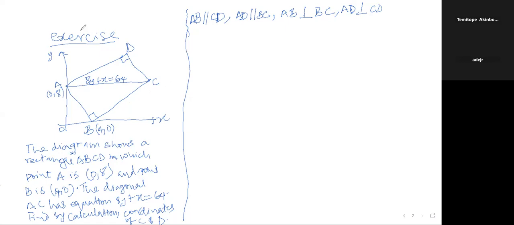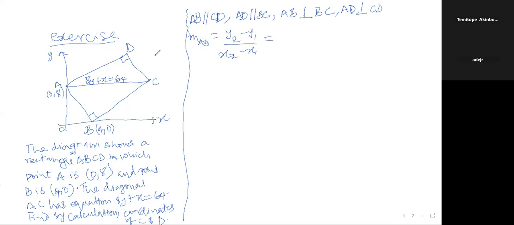Yes, sir. Okay. Now, I've been given the coordinates of A and B. So I can find the gradient of line AB. I will start by saying gradient of line AB equals y2 minus y1 over x2 minus x1. That's our formula.